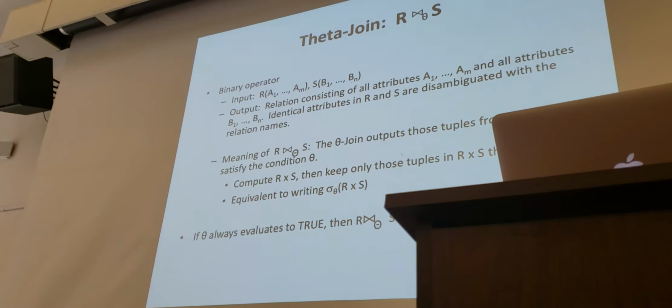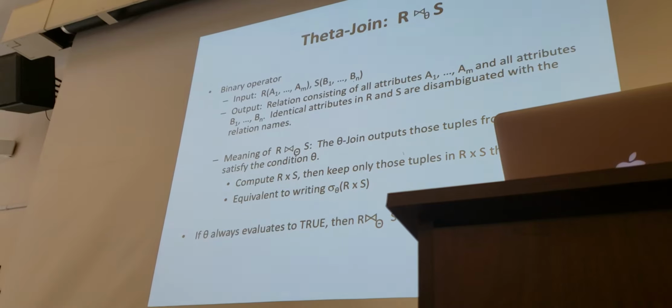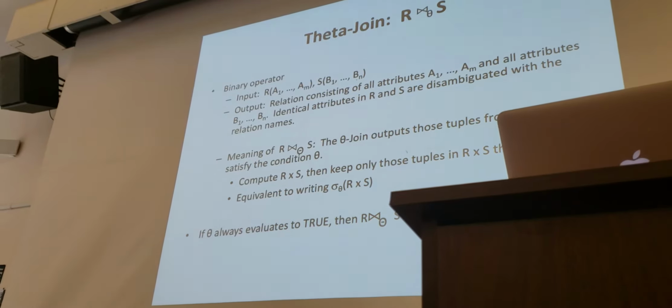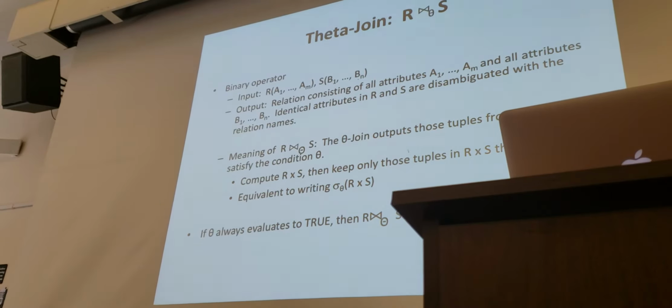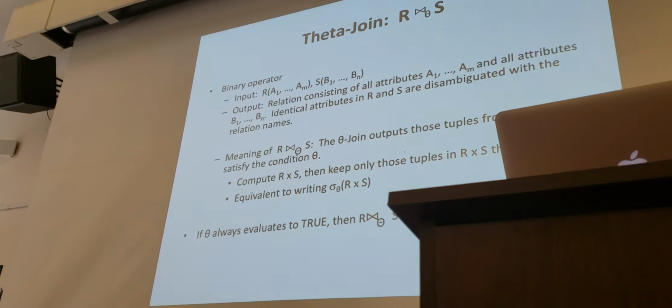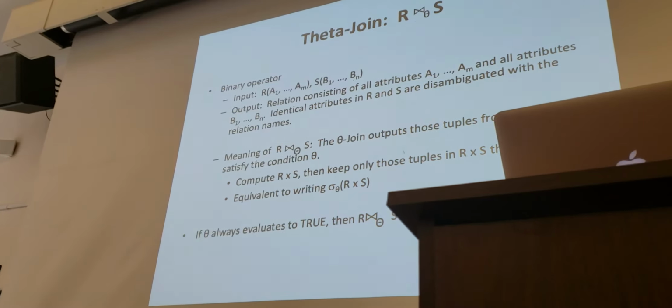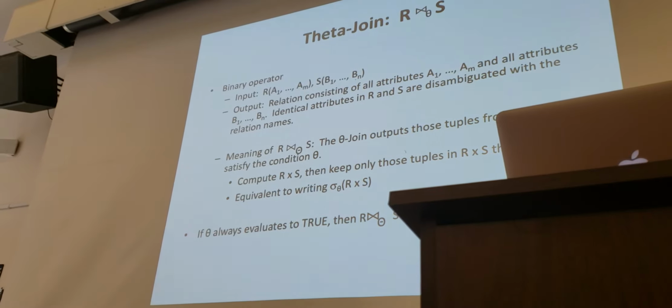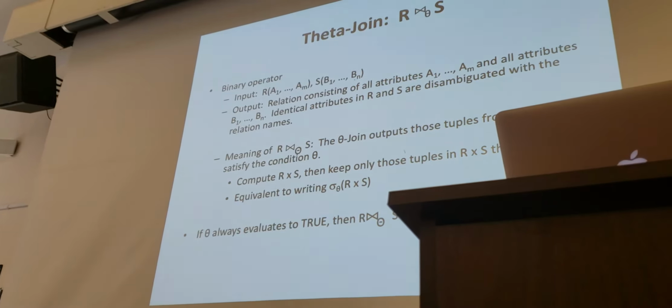The output is going to be a subset of the product. In other words, all the tuples in the result are going to be things where you jam together tuples out of R, A1 through AM, with tuples out of S, B1 through BN. But it's not going to be everything. It's going to be only the things that satisfy theta.